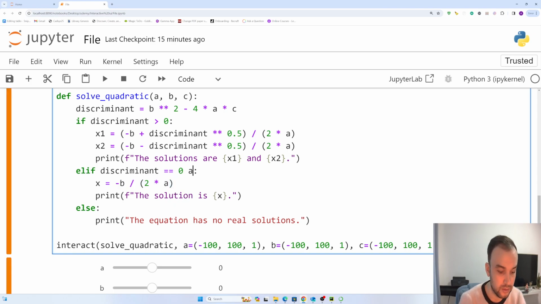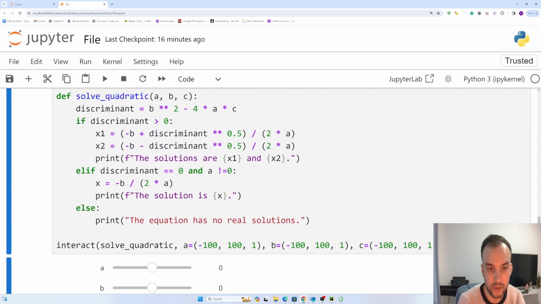And here you can add another condition: a is not 0. If the discriminant equals 0 and a is not 0, we will use this branch. If it is not, we will use else.